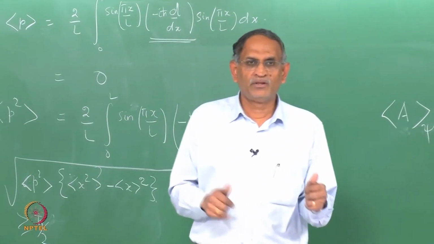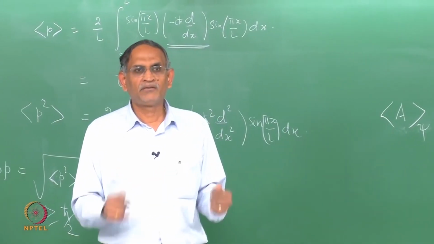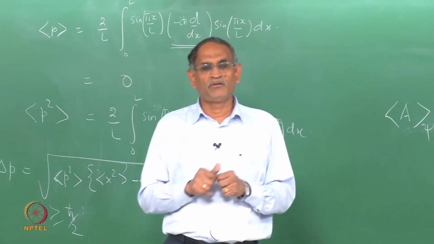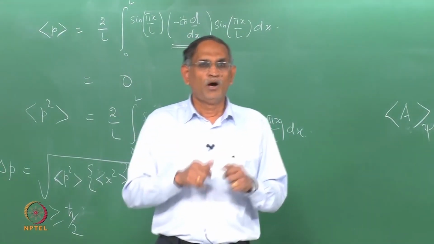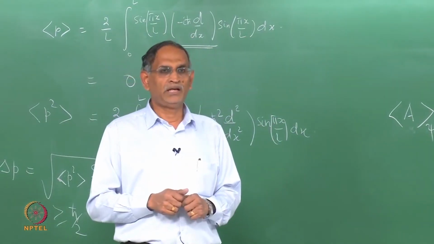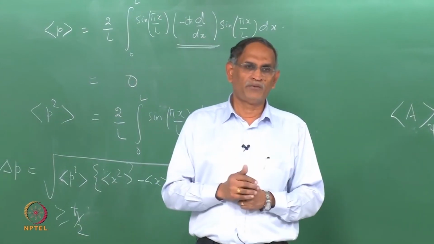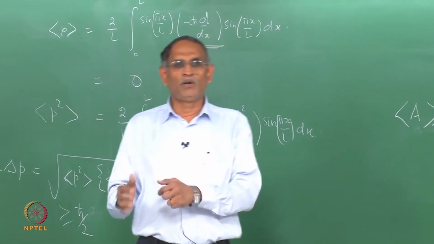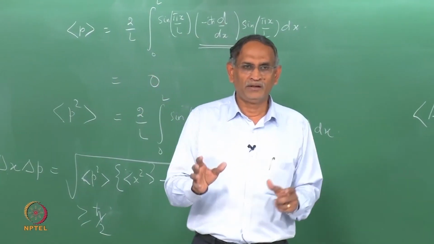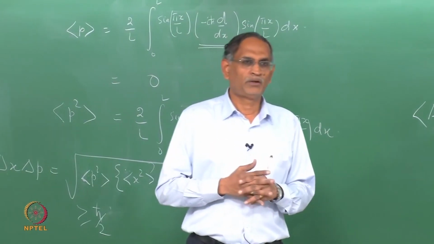Therefore, x and py can be simultaneously measured, or ascribed as a property to the system. Y and px can be simultaneously specified for the particle, x and y can be specified, px and py can be specified, but not x and px, and y and py. That is the only thing you have to remember.